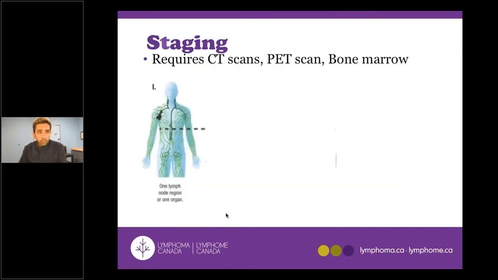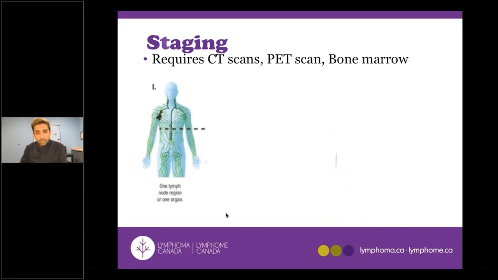Now, what do we do once we make a diagnosis of T-cell lymphoma? I will discuss the staging of cutaneous lymphoma a little bit later, but here I'm talking about the staging of nodal or extranodal T-cell lymphomas.